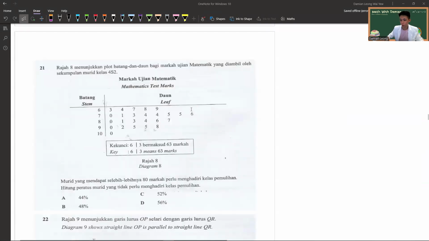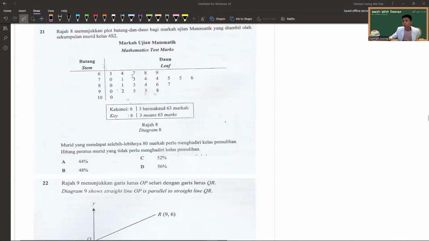And question 20. So here we have a stem and leaf diagram. I want to count the percentage of students that will not need to attend the class pemulihan.